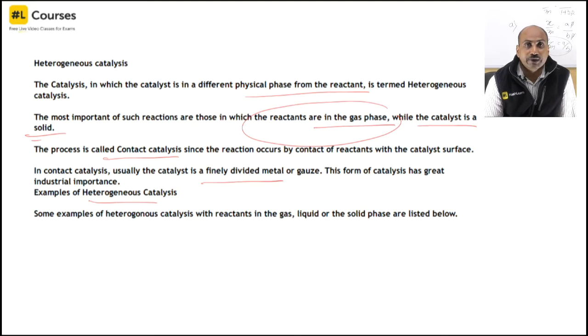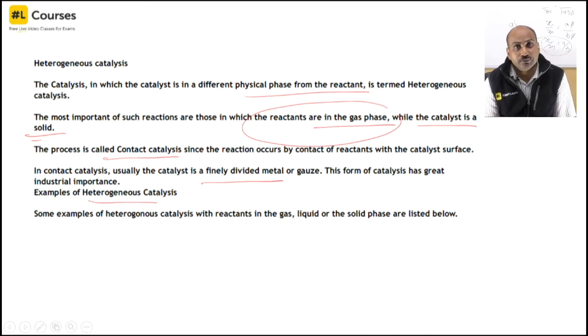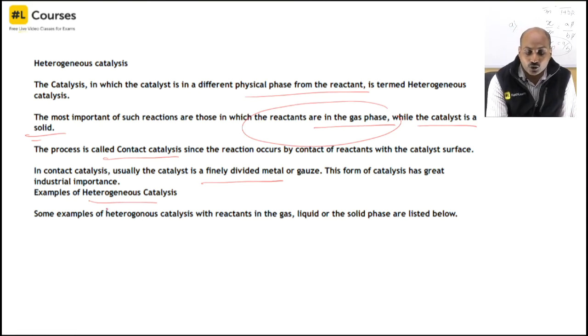Hence we talk more about heterogeneous catalysis, because we invest less energy to separate the product and the catalyst, whereas in the earlier cases of homogeneous catalysis, the product and the catalyst are in the same form, so cross contamination occurs, or separation becomes a huge task. That is the reason all industries look for heterogeneous catalysis.